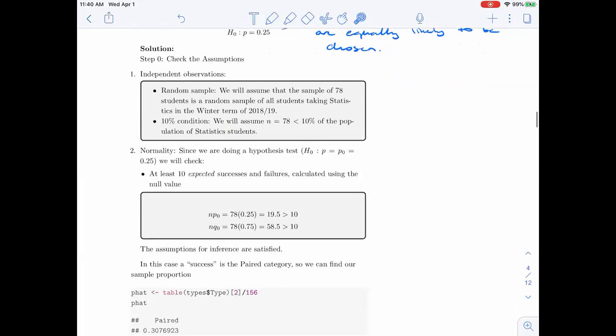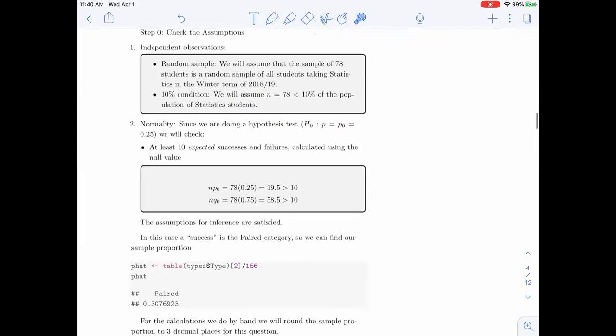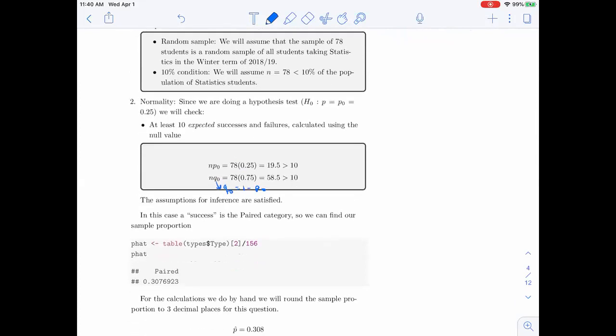And so here, since we're doing a hypothesis test, and remember we said that p naught, we're going to replace it with 0.25, then our conditions that we check, and again, q naught is 1 minus p naught. So here, the conditions that we check is that n p naught, the hypothesized p, must be greater than 10.